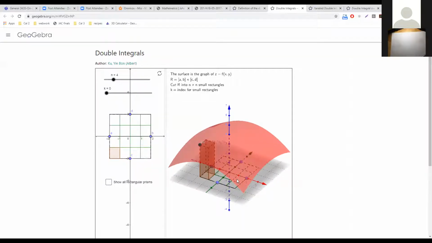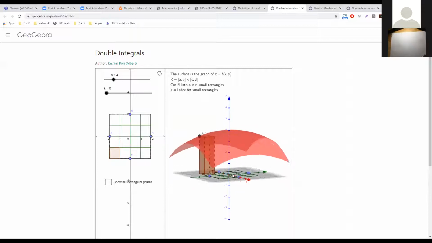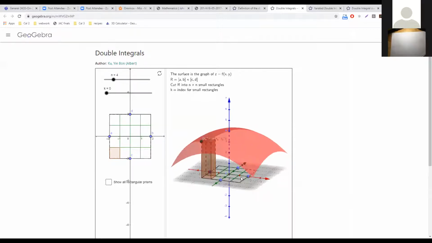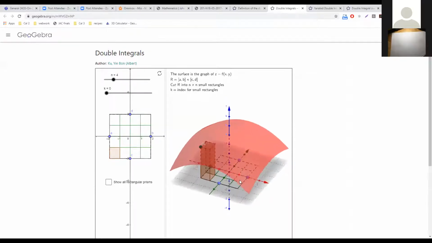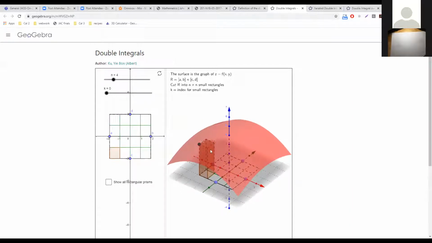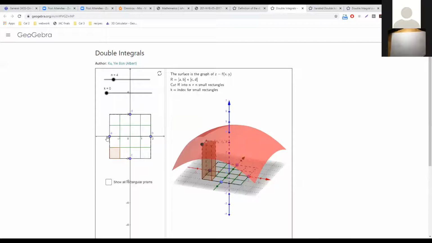If I'm looking for the volume below this surface, on the rectangular region defined for x from -2 to 2 and for y from -2 to 2, this is what I have.